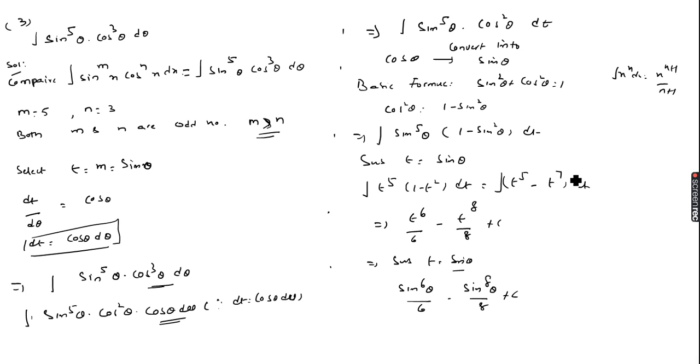We use that a power m into a power n is equal to a power m plus n, and we integrate: the integral of t power 5 is t power 6 by 6, minus the integral of t power 7, which is t power 8 by 8, plus c. And finally we substitute t equal to sin theta, giving sin power 6 theta by 6 minus sin power 8 theta by 8 plus c.